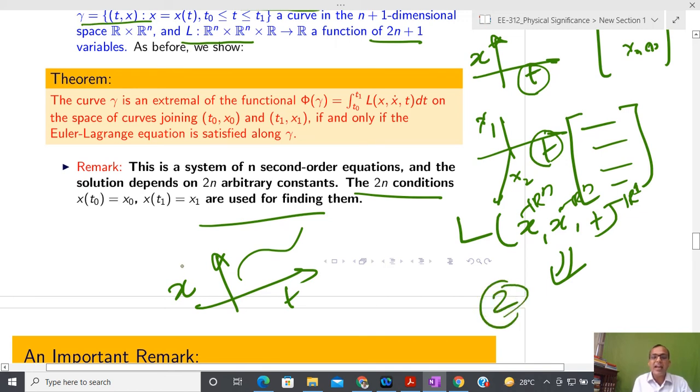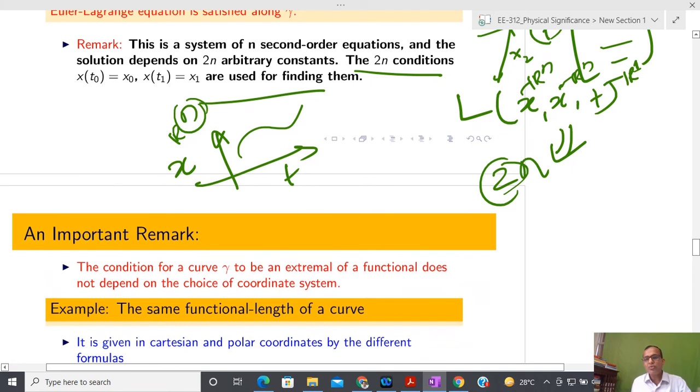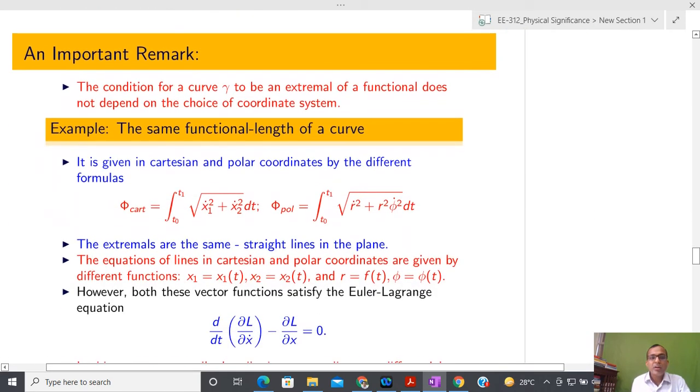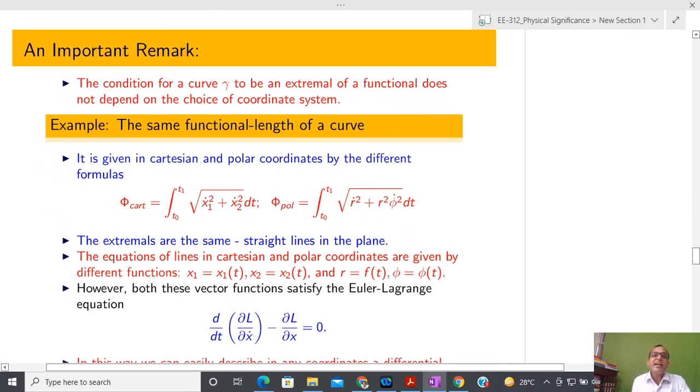Now suppose x has x in Rn, so I have an nth order system: the total number of equations is 2n. Due to that reason this is also increased to 2n. When I take some physical system and solve the Euler-Lagrange equation, I will show you why that is 2n. Now one of the important remarks is that the extremal curve is independent of the coordinate system.